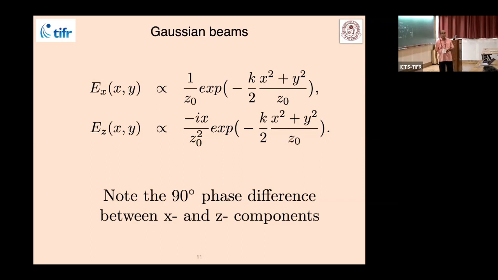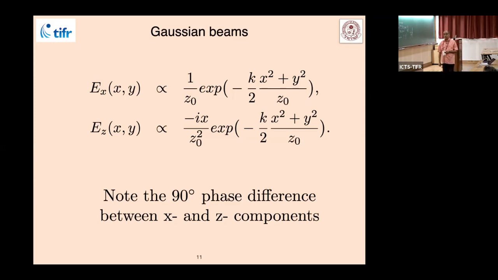Now we don't talk about a plane of incidence because you are talking about a Gaussian beam. Any cross section you take of the beam, you'll see this phase difference between the x and z components. That will lead to the rotation of the field vector, and that will lead to this transverse spin. So the feature is generic.